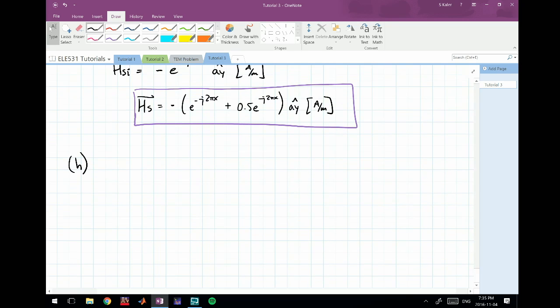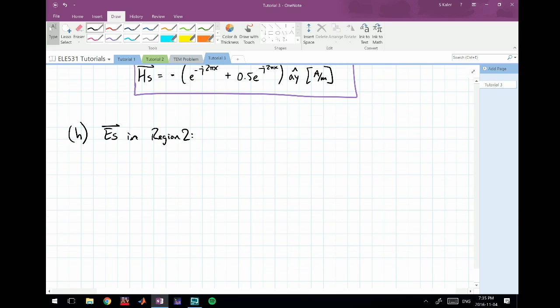So now it asks for ES in region 2. How do we find ES in region 2? First let's write ESI, because we're going to need this. ESI is 120 pi e to the minus j 2 pi x pz.